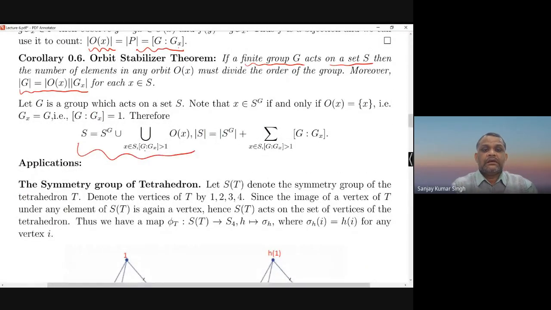This condition is there because we want all those elements whose orbit has more than one element. The number of elements in the orbit is the same as the index of Gx, so if it is more than one, it will definitely be greater than one. I have just replaced that condition with this.